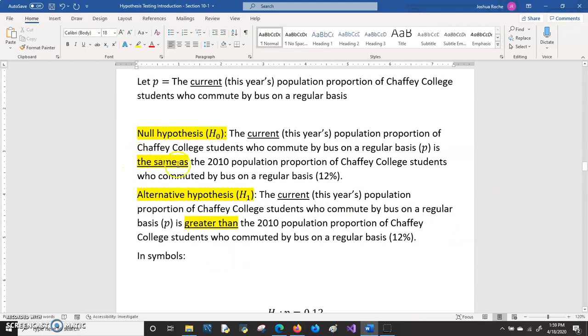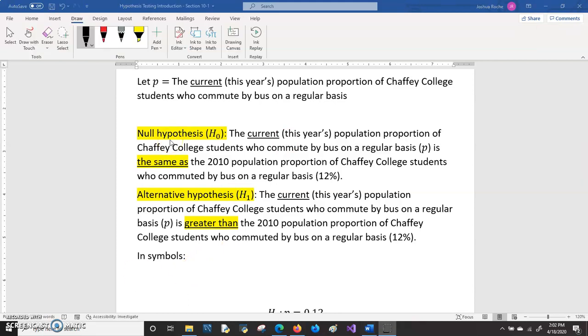Those are the null and alternative hypotheses, but they're long sentences, and it takes a while to read them and convey what they mean. Usually when you write hypotheses, you'll write them using symbols. We'll start with the null hypothesis, which we'll write as H0, and we'll just put a colon. The null hypothesis is that the proportion today, which is P, is just the same as what it was in 2010, which was 12%, or 0.12.